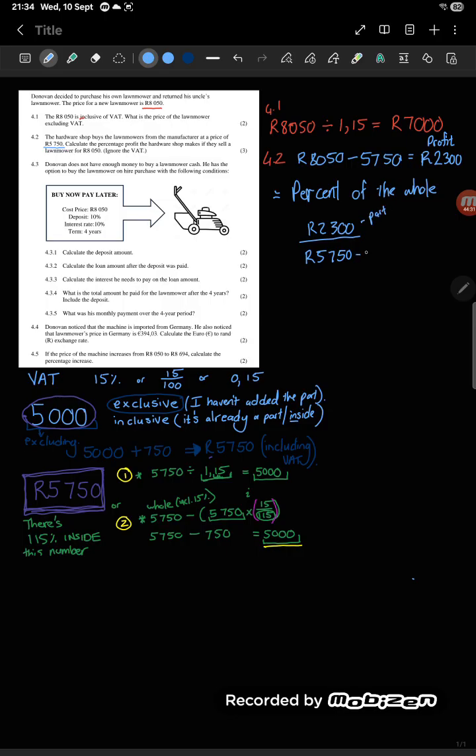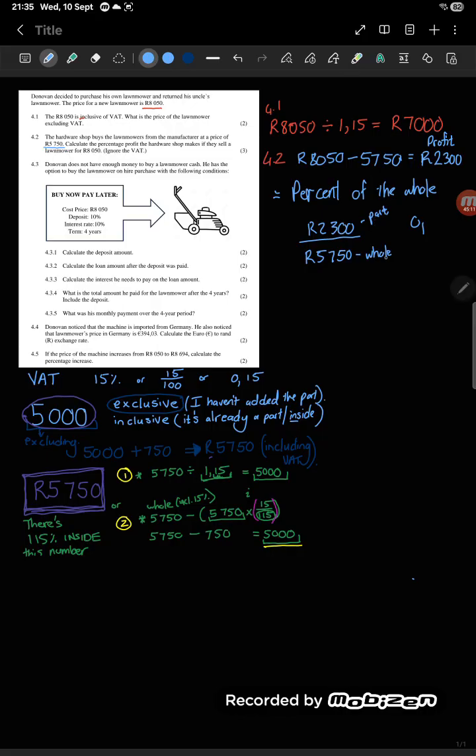This is the part and this is the whole. The more you do this, the more it makes sense. But what percentage is that? When I divide it, I'm going to get a number like 0.6 or 0.7 or 0.8. Well, maybe 0.4, because half of 57 is 28.5. Yeah, so it should actually be less than 50%.